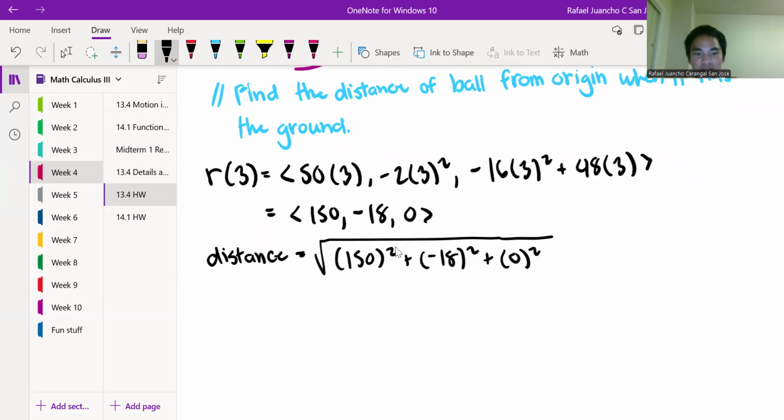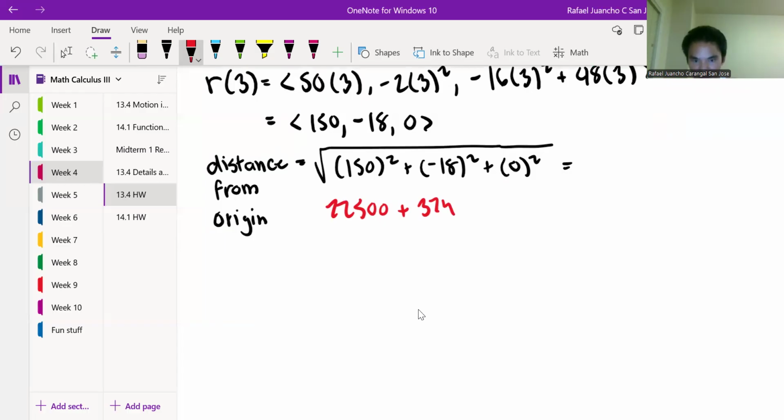So distance from origin. Here we got 150 squared, 22500, and we added the 18 squared. You know, this is the only time I actually use a calculator, when there's long computations like this. 22824.